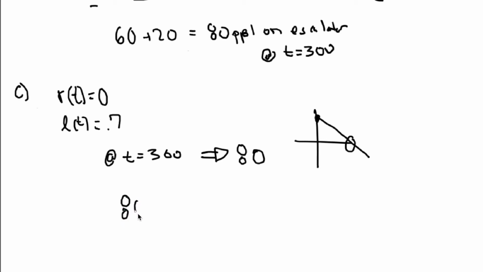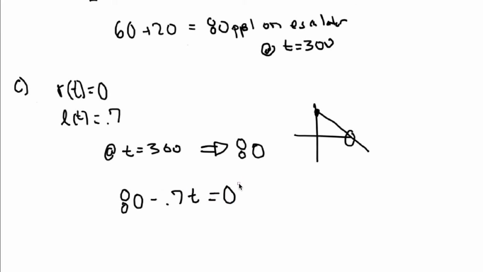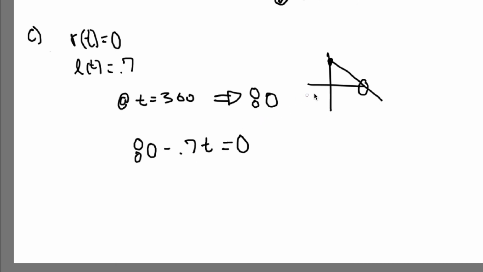As a function, you can model it as 80 minus 0.7 times t equals 0. Just keep in mind, L of t is a rate of change, so the slope in this scenario is 0.7. And solving that is not very difficult.